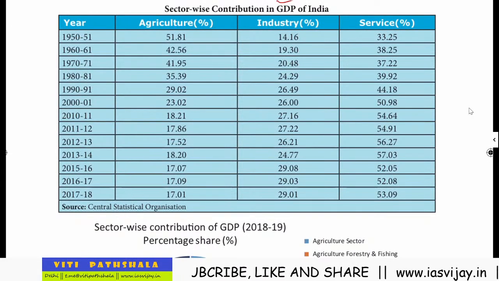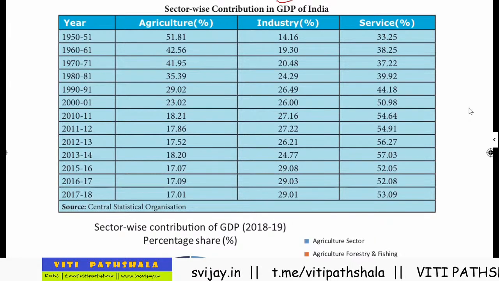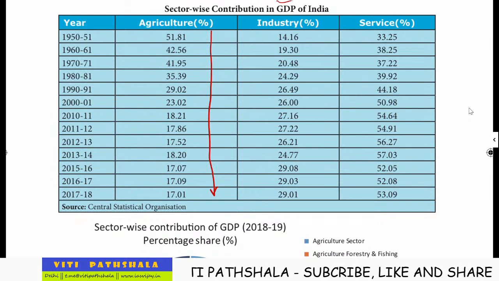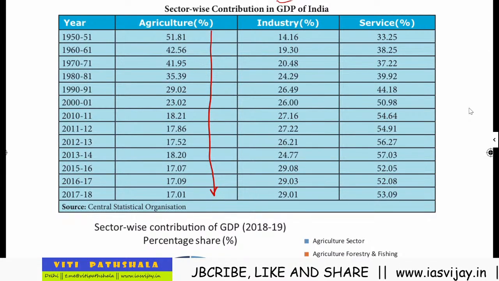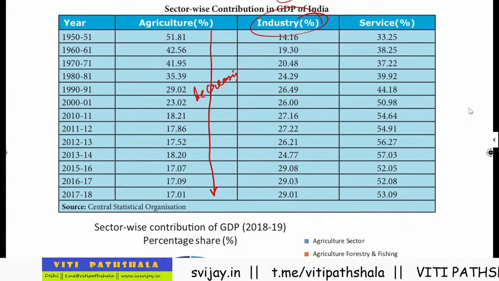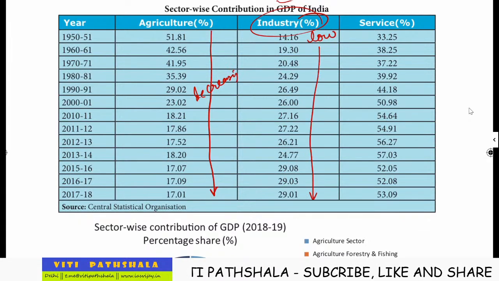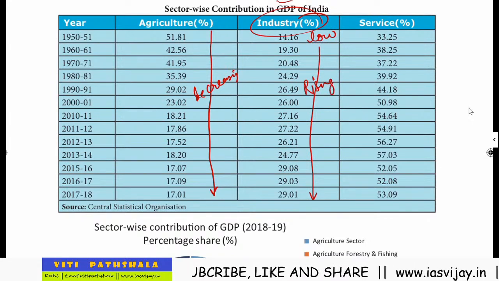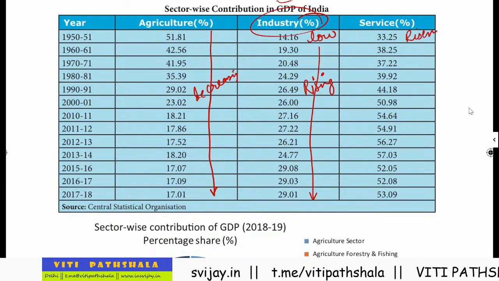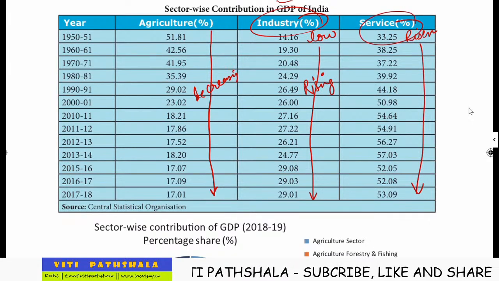But the thing you have to know is that the contribution of the agriculture sector in 1950 was very high, and it started decreasing. The industry sector's contribution to GDP was low, so it started rising. The service sector has also risen; though it was at a good place, it has improved further.